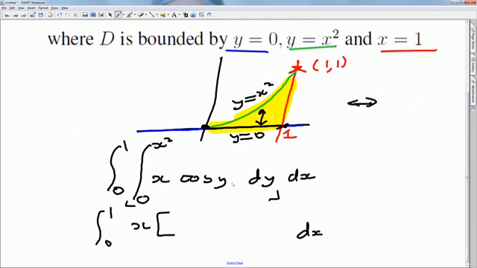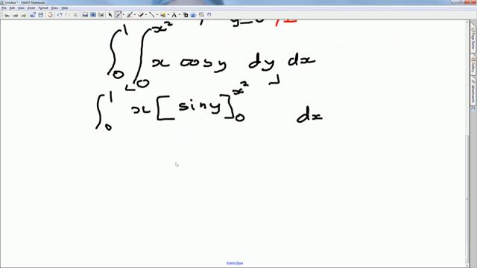So the integral of cos y is positive sine y, between 0 and x squared. Since we're just doing something with y's here, I can leave the x at the front.